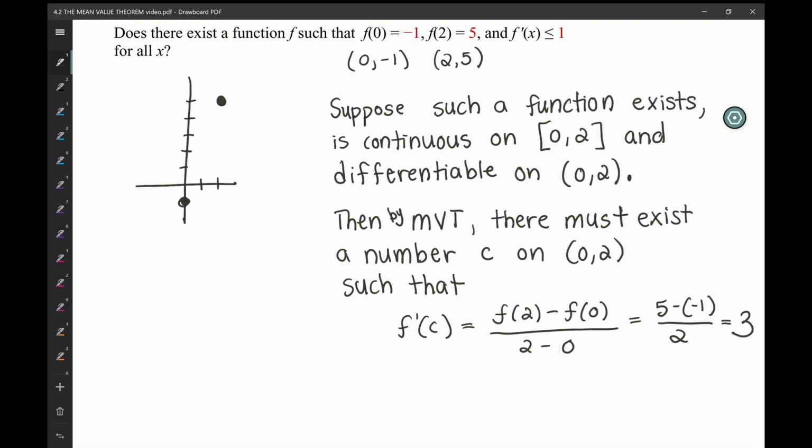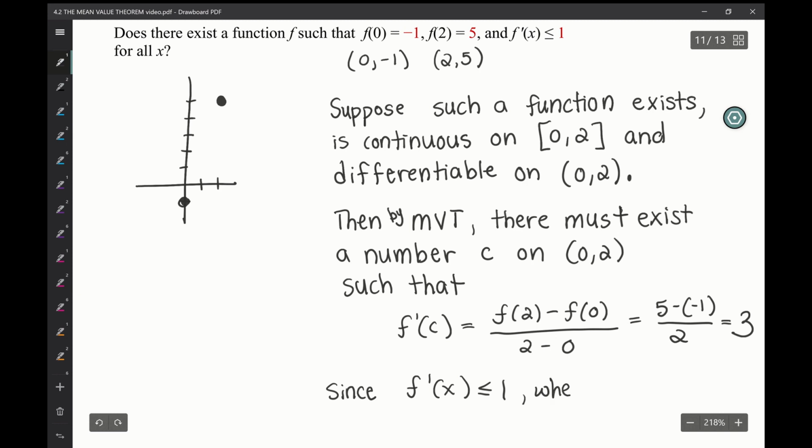Now, since f prime of x is less than or equal to 1, but we just found that there has to be some sort of f prime of c that is 3, we have arrived at a contradiction.